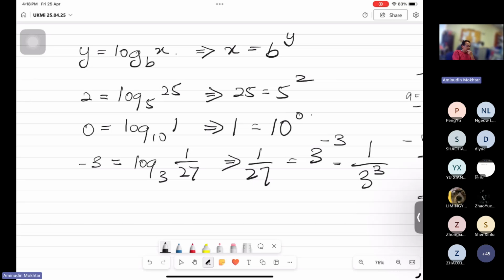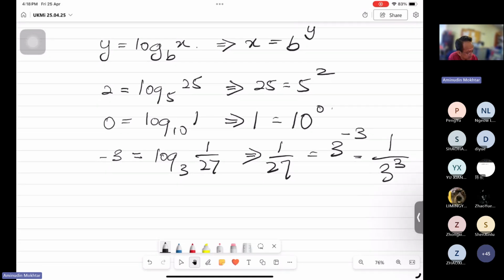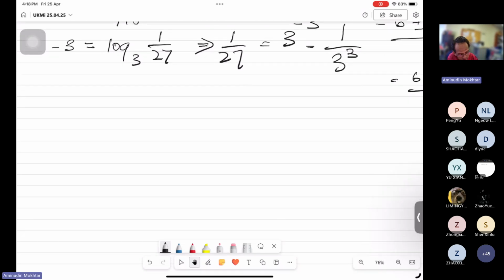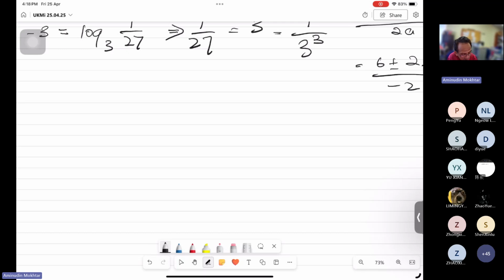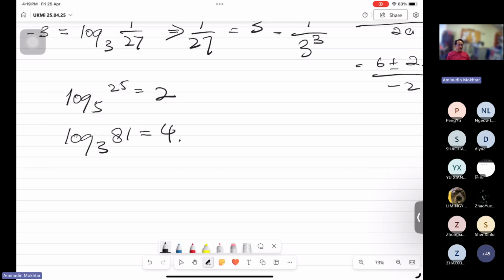Actually, when we write an equation in log form, what does it mean? Let me take one example here. Log base 5 of 25 equals 2, and log base 3 of 81 equals 4. What does it mean? Why is log base 5 of 25 equal to 2?